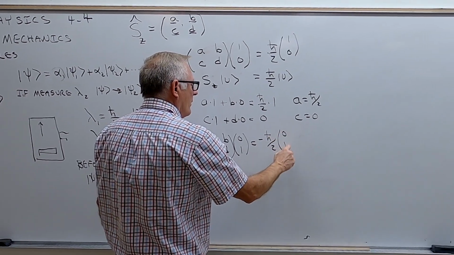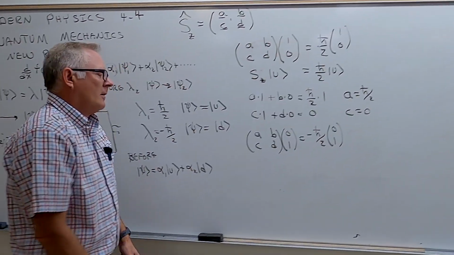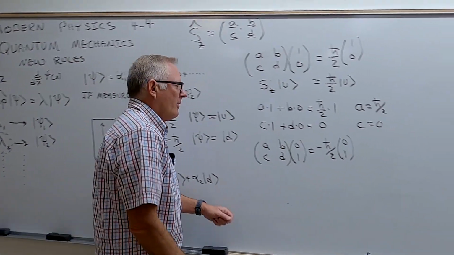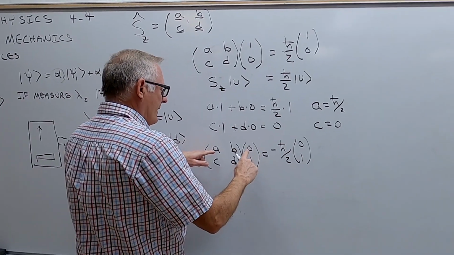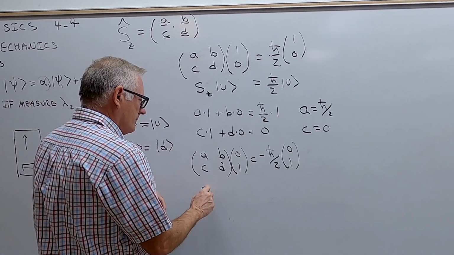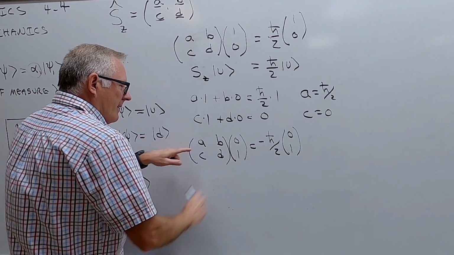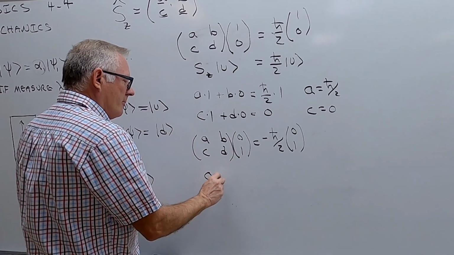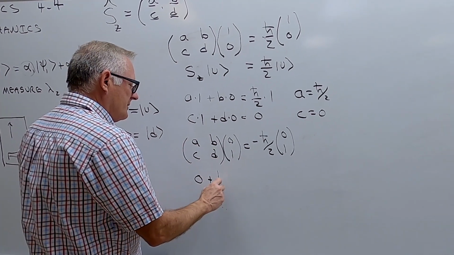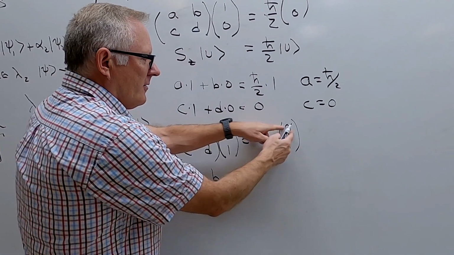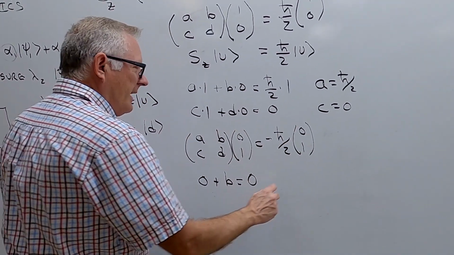Down, 0, 1. Okay, and so if we multiply this thing out, we got A times 0, which is 0, plus B times 1, which is B, equals 0. So B equals 0.